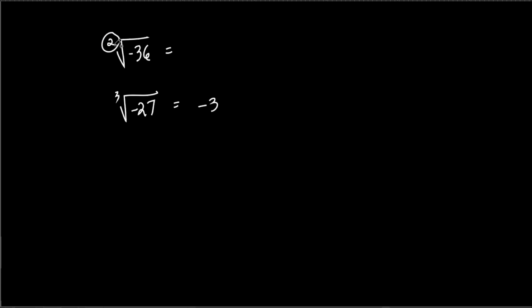Not just a square, but an even number. Anytime you have an even root, you can't have a negative inside of it, all right? Because you can't have an even number of numbers multiplied together to the same number to be negative whatever. Do you agree? But if you have an odd number out here, then you can have a negative inside of this. All right? Does that make sense?